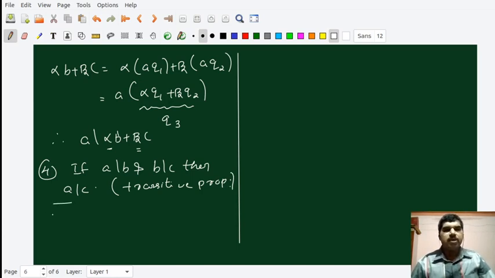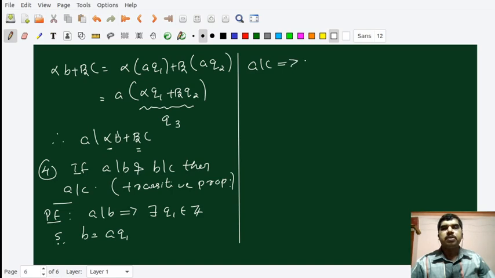A divides B implies that there exists q1 in Z with B equal to A q1. Now, we want finally A to divide C.